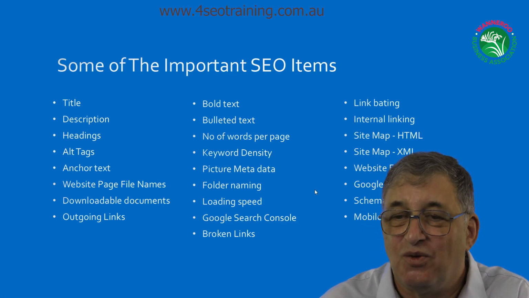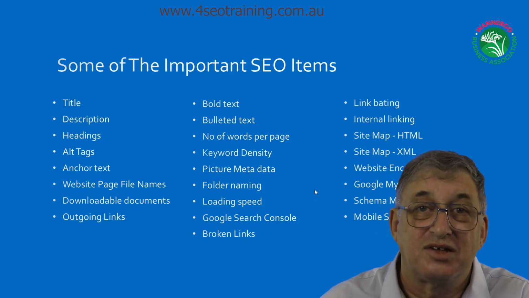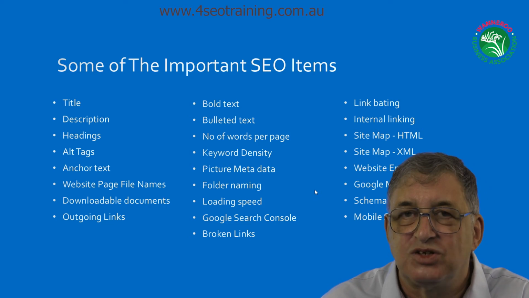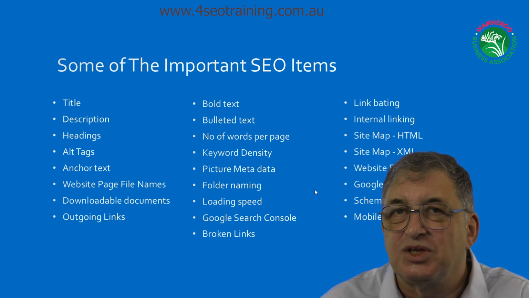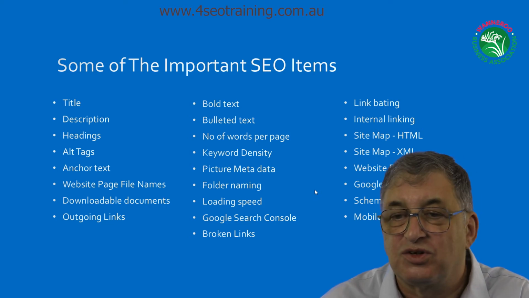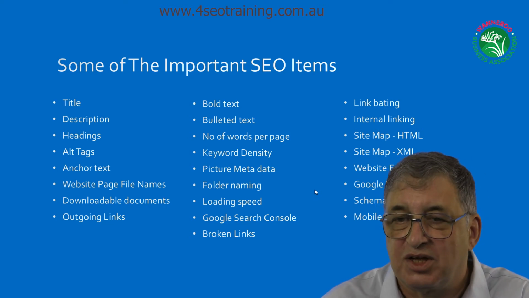If you've got WordPress, you can install a schema plugin, and what schema does is allow you to put hidden information within the website that Google can read, understand and approves of, because Google was involved with setting up schema.